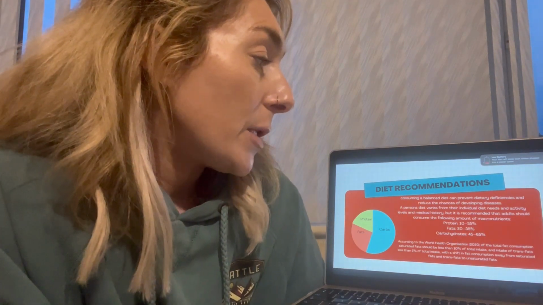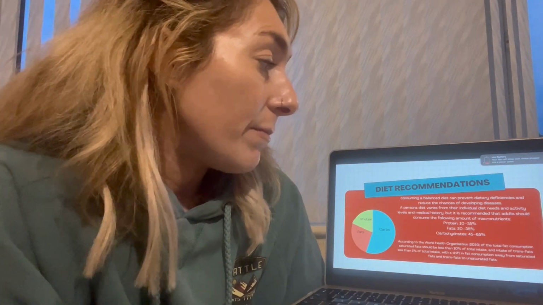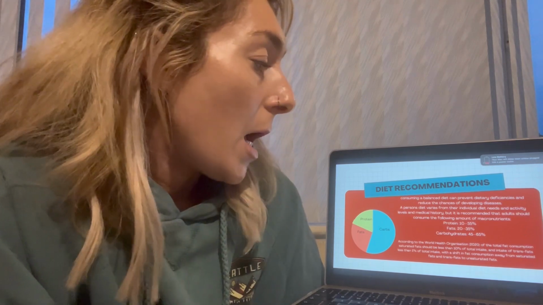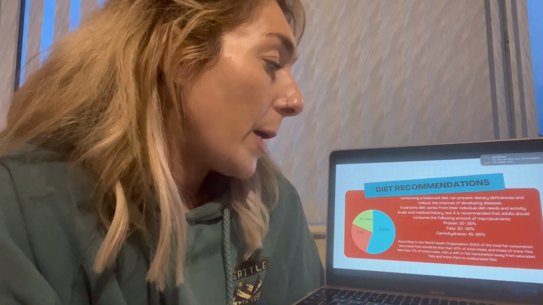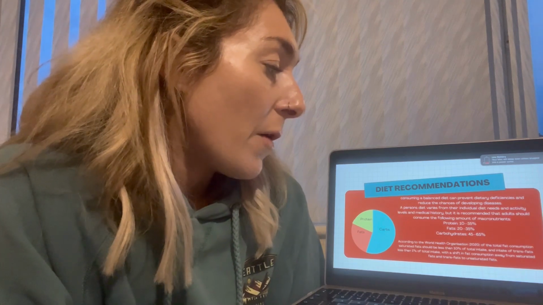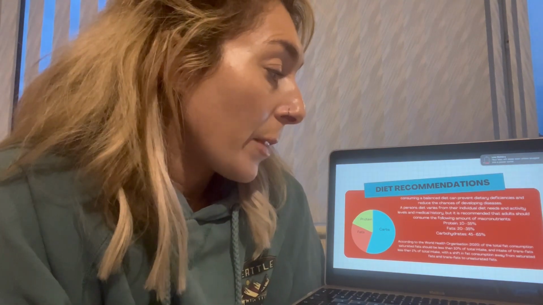Everybody has individual needs, depending on how active they are and what their weight is, and their specific dietary needs. It can look different from person to person, but it's recommended that an adult should consume 10 to 35% of their diet as protein. Fats are 20 to 35% of their complete diet, and carbohydrates you're looking at 45 to 65%.